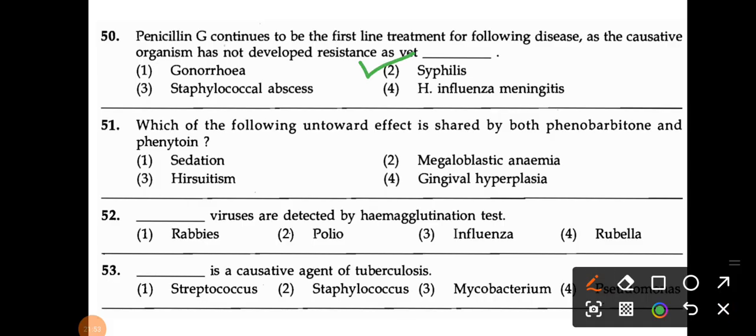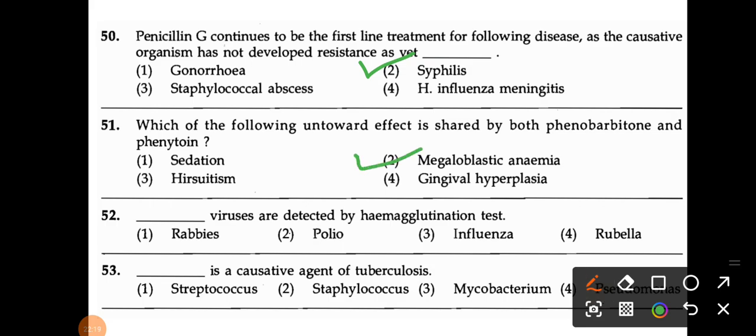Okay. Next one, which of the following untoward effects is shared by both phenobarbital and phenytoin, right? So what is the correct answer here? The options are sedation, megaloblastic anemia, hirsutism and gingival hyperplasia. So here the correct answer is your megaloblastic anemia.